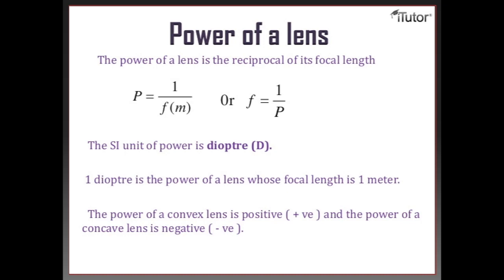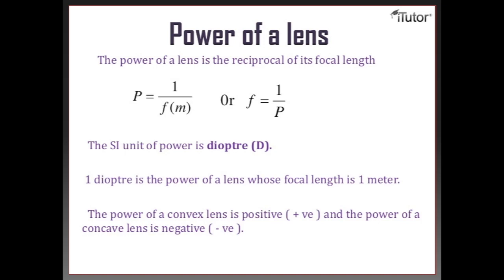The SI unit of power of a lens is the diopter. It is represented by the symbol D. If focal length is expressed in meters, then the power of the lens is expressed in D. You should remember the formula P = 1/f, as it will be used for solving problems.